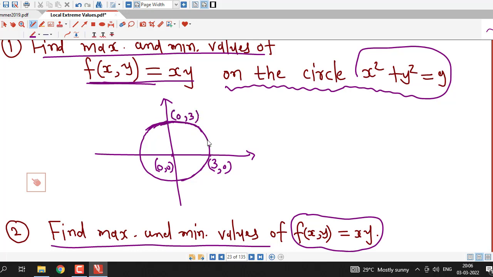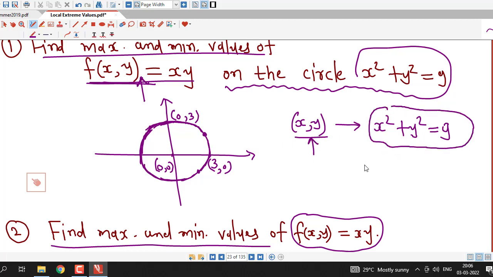Out of these infinite number of points, we have to decide the point at which this function is maximum or minimum. So here we have a restriction on the points (x,y). These points must satisfy the equation x square plus y square equal to 9, or we can say these points must be on the circle.